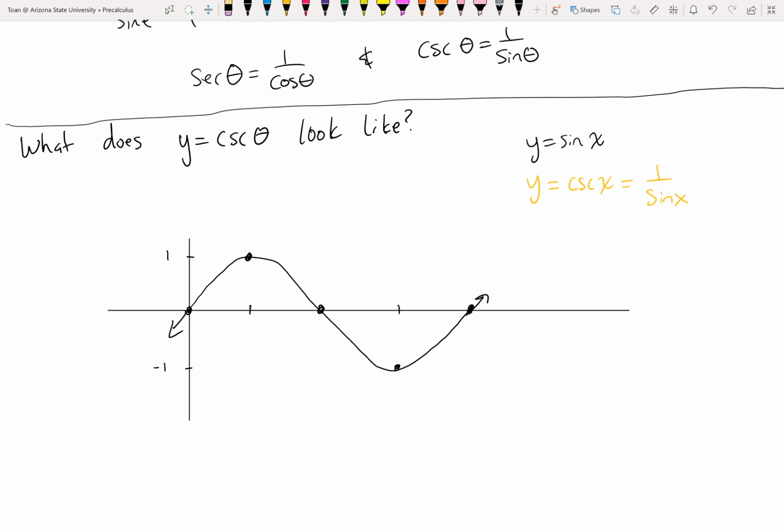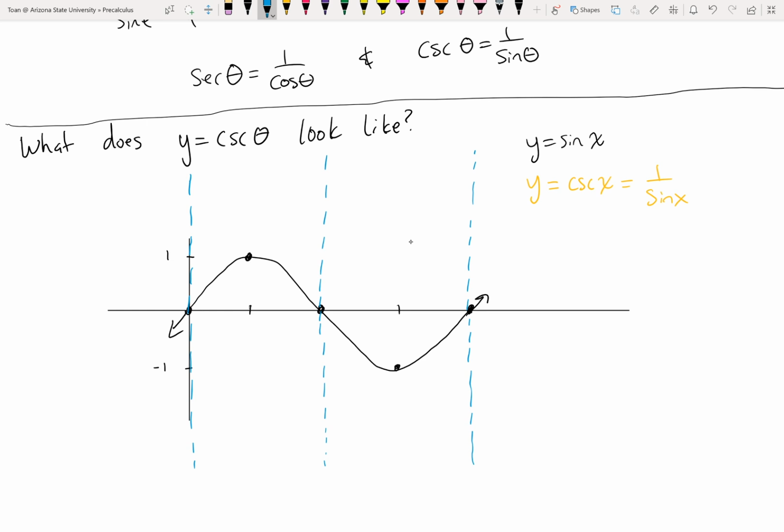In the black graph, sine equals 0 at x equals 0, at x equals pi halves, and at x equals 2 pi. Even if I didn't know what those x values were, visually, those are the x-intercepts of sine, so I know they will have vertical asymptotes there.